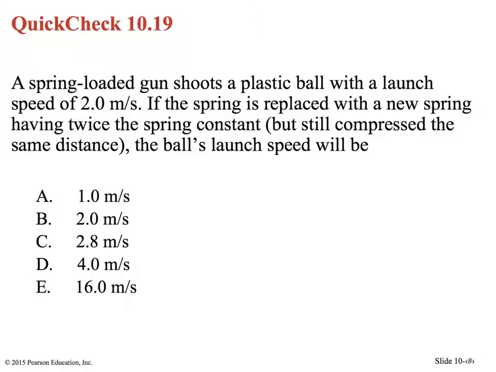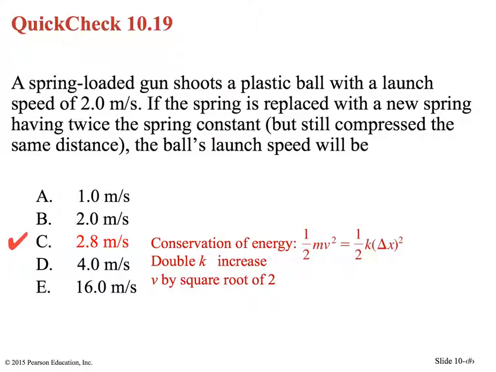Alright, so now we're replacing that spring with a new spring, having twice the spring constant. Now changing the spring constant, but keeping the distance the same, is going to also change the launch speed. Because we changed that k, so look at this. With my conservation of energy, if I double k, my velocity is going to increase by the square root of 2.